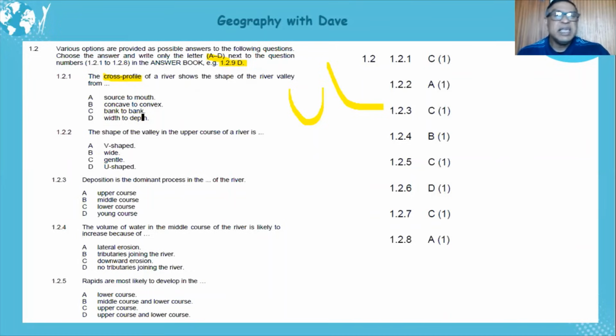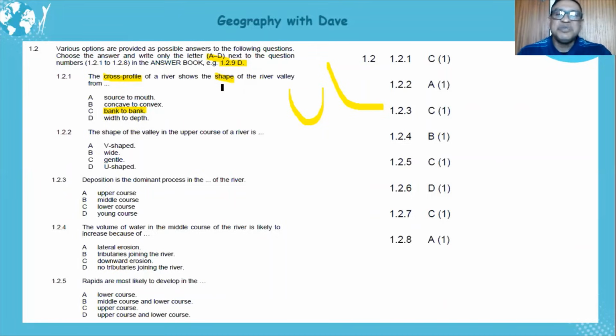If I look here, the shape of the river valley is not talking about width and depth. So my answer can only be bank to bank. This is known as a distractor.